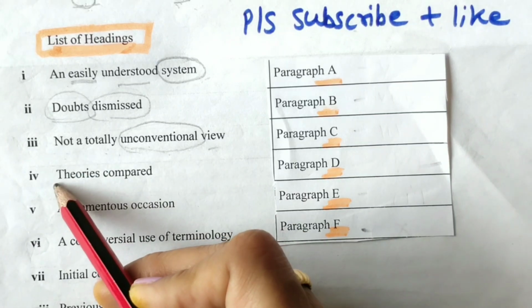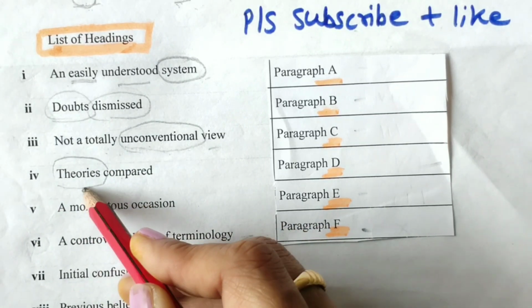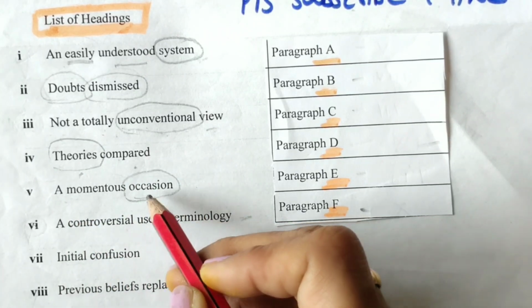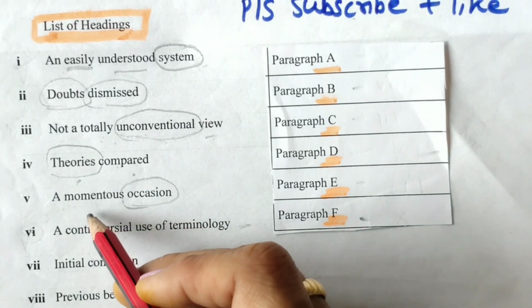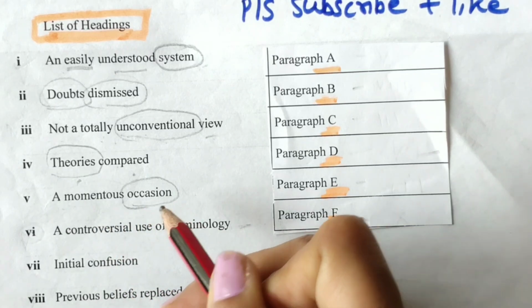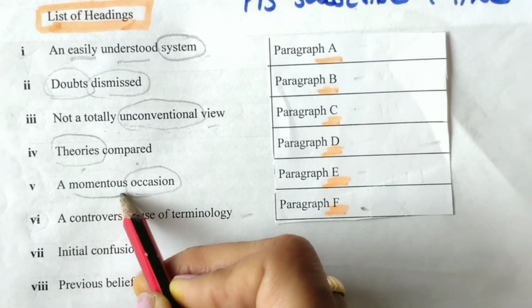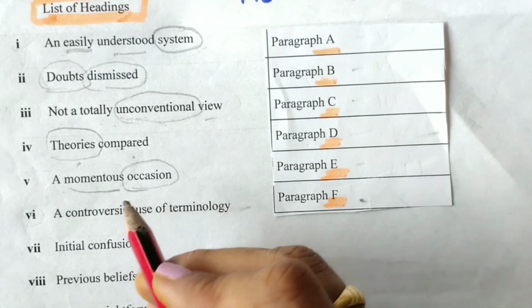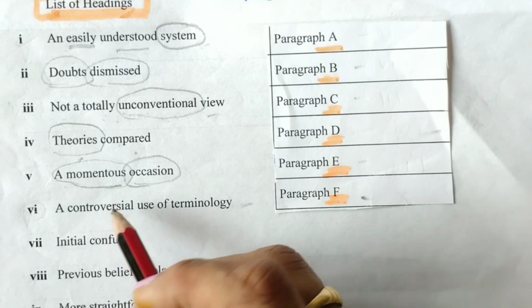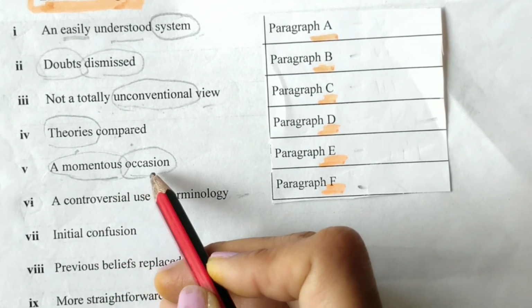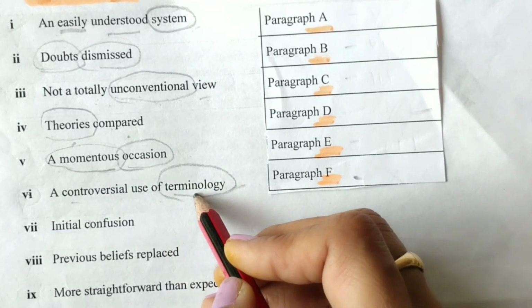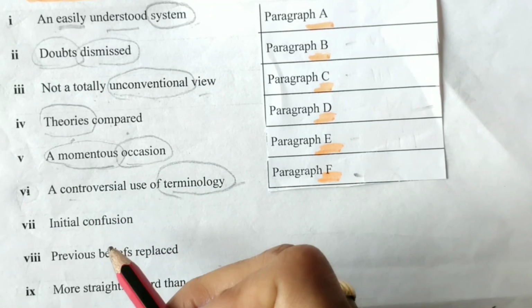Theories compared. This is an easier one: some theories will be there, and a comparison will be there. Momentous occasion: some cheerful kind of occasion you can say, or you can google it. While reading, even if we do not know the exact meaning, we can understand with this word. Some memorable kind of occasion. A controversial use of terminology: some terminology relating to controversy was there.